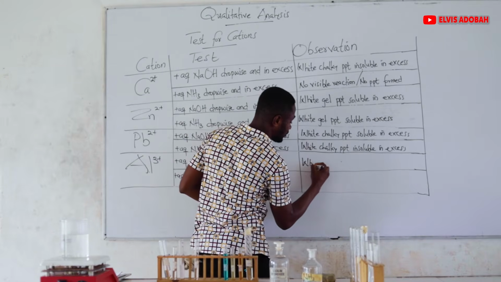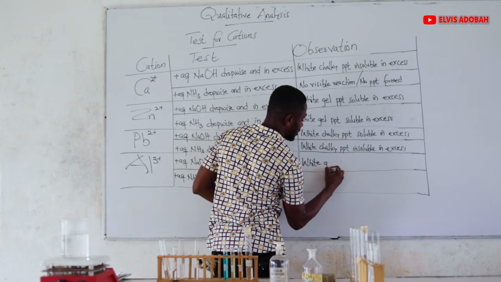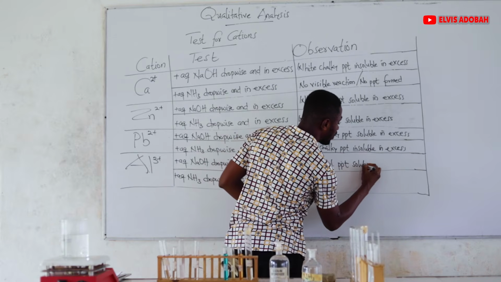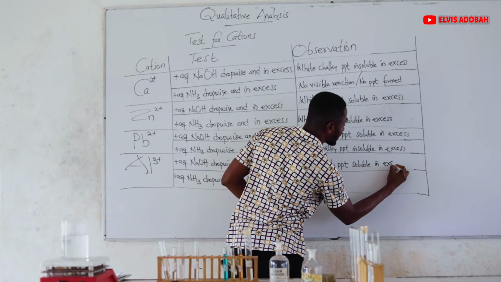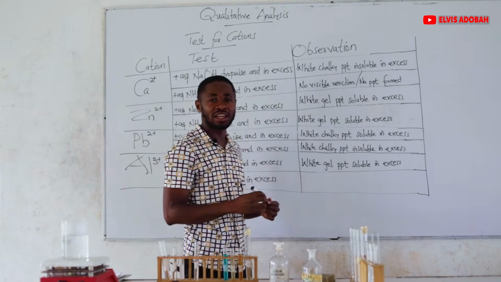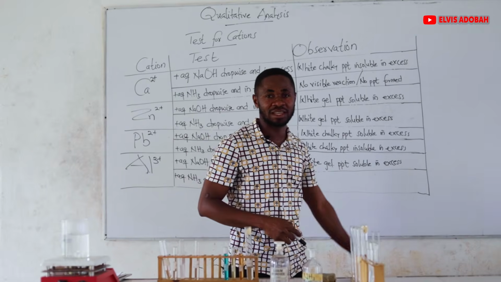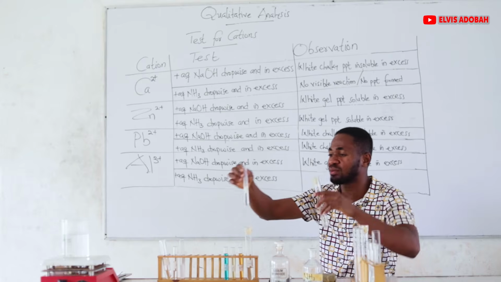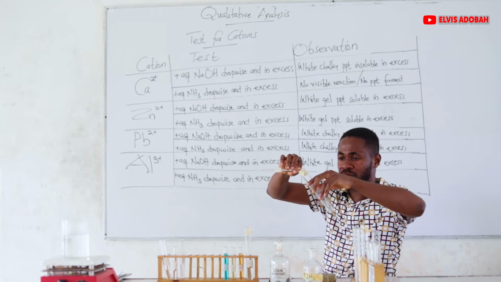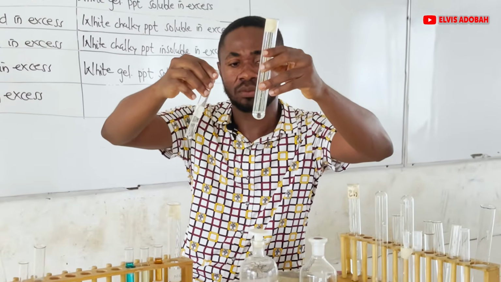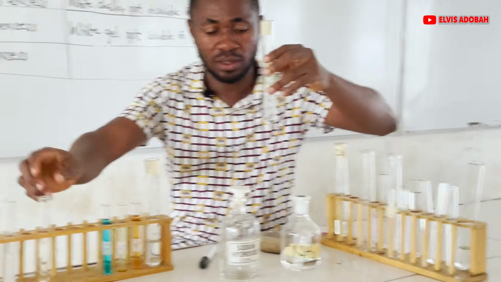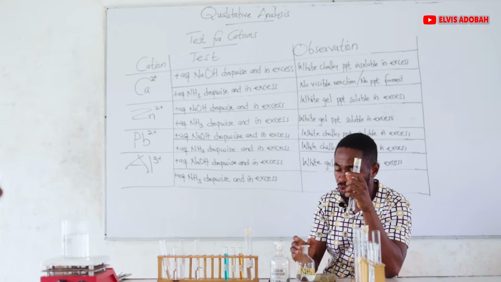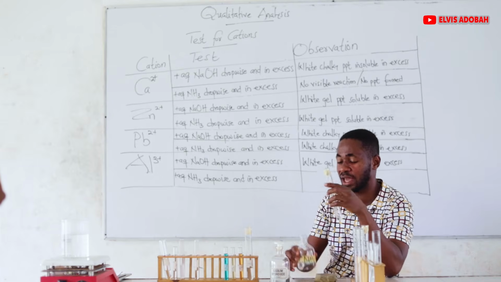White gelatinous precipitate, soluble in excess. Once again, you can add "to form a colorless solution." Then we take another small sample of our aluminium. This time we will add aqueous ammonia, dropwise and in excess.